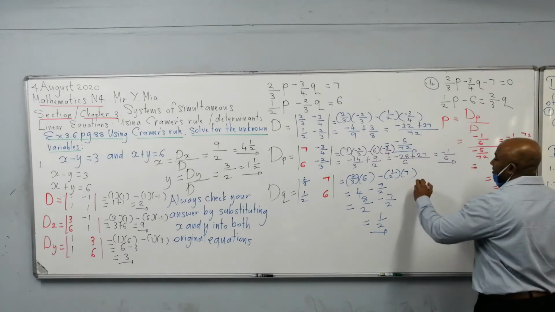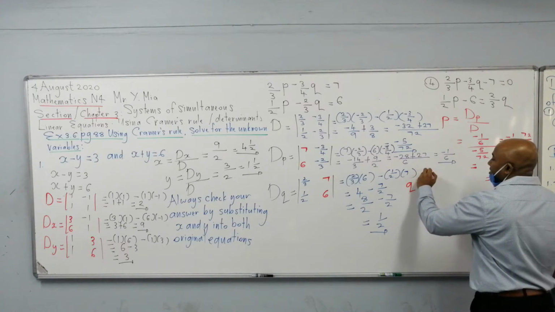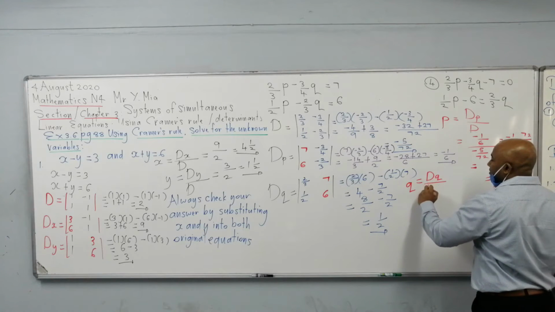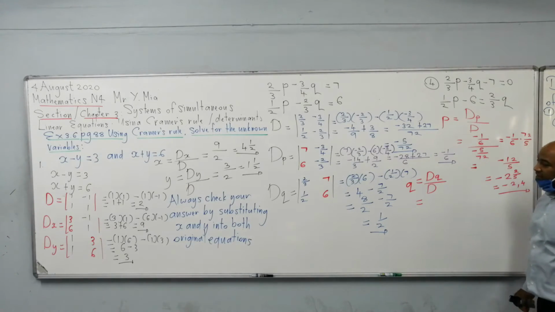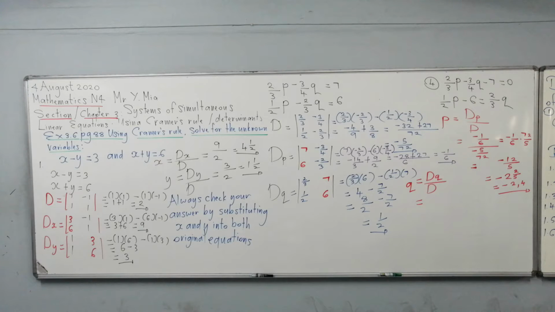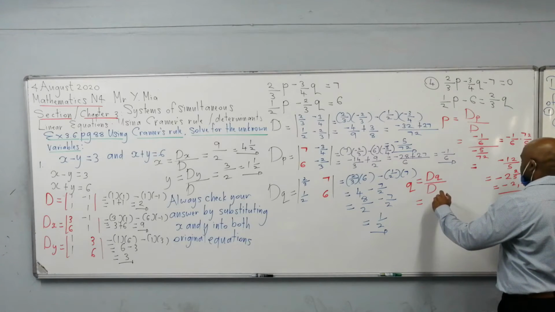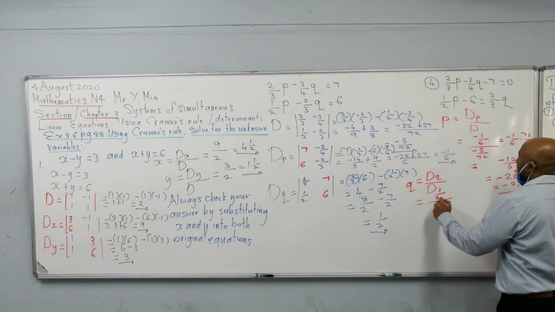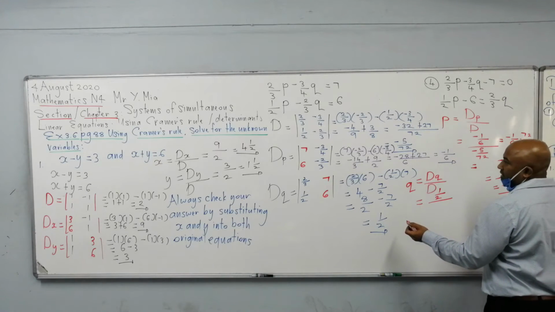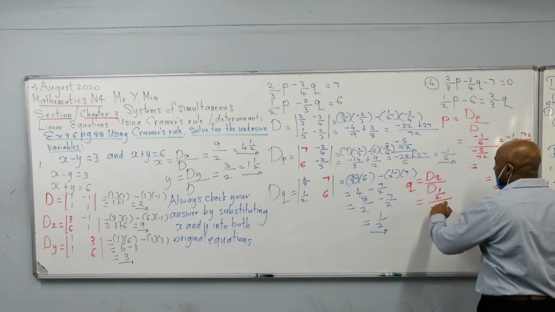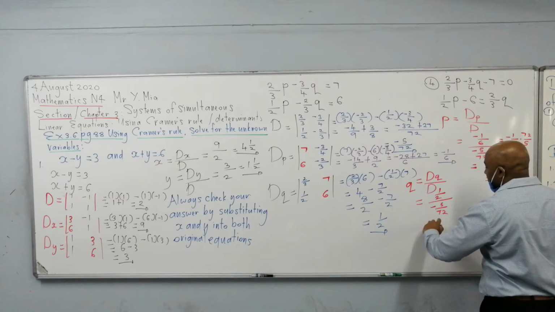Now Q is equal to dQ over d. What is my dQ? dQ was 1 over 2. D is minus 5 over 72.